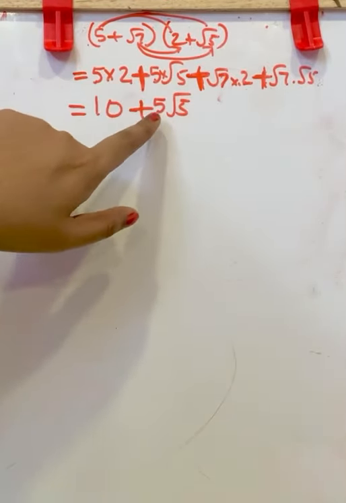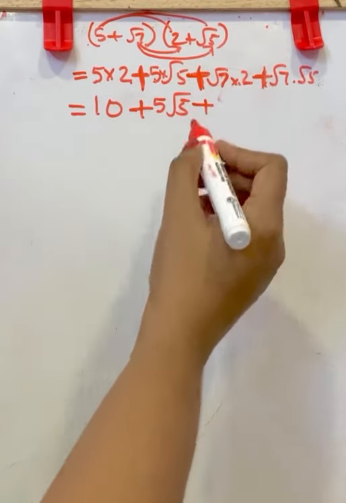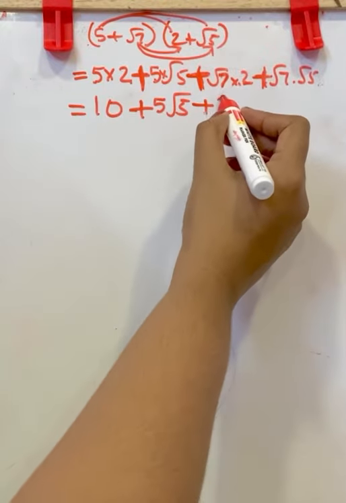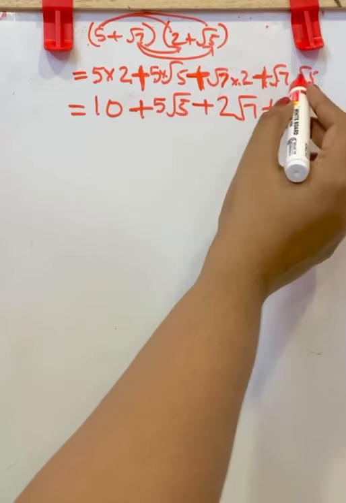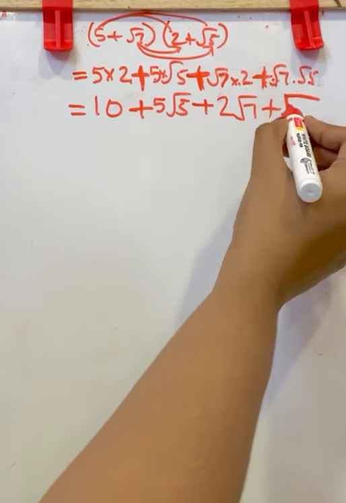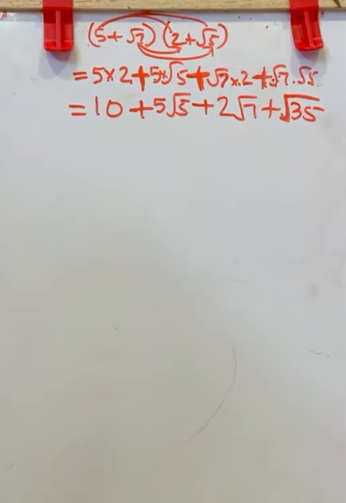So you can simply write 5√5 plus √7 into 2. Again one is inside the root and the other is outside the root. So it is 2√7 plus here both are inside the root, so you can simply multiply under a root. 7 5s are 35. Now this is the answer.